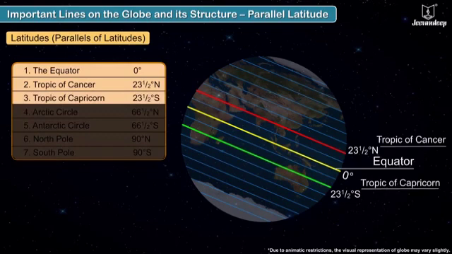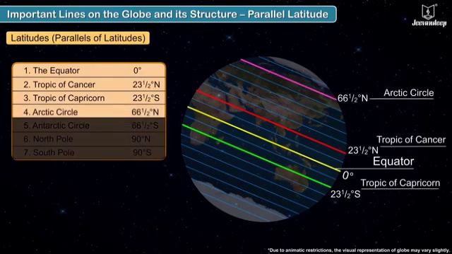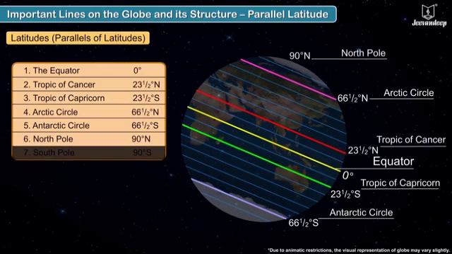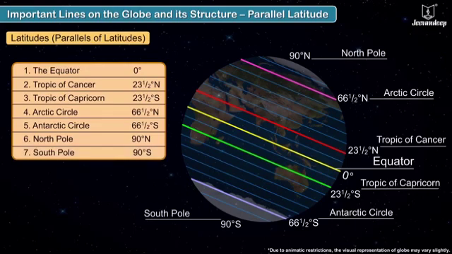Tropic of Capricorn at 23.5 degrees south. Arctic Circle at 66.5 degrees north. Antarctic Circle at 66.5 degrees south. North Pole at 90 degrees north. South Pole at 90 degrees south.